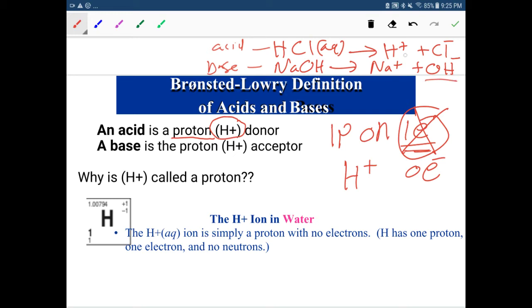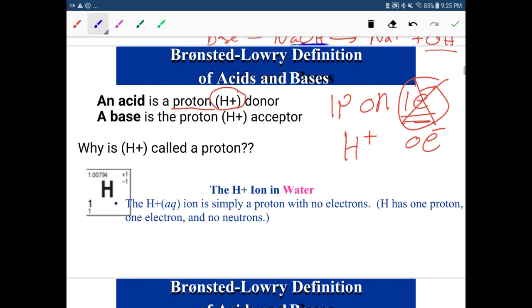Produces OH minus, produces H plus. That's how you identify an Arrhenius acid or base: just by looking at the formula, Arrhenius acids have an H in the beginning, and an Arrhenius base has an OH at the end, easily identified.